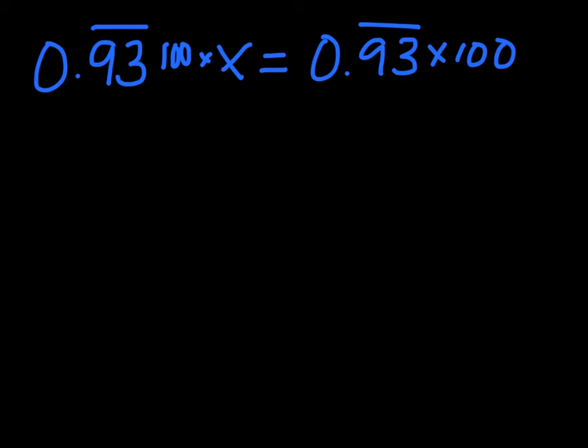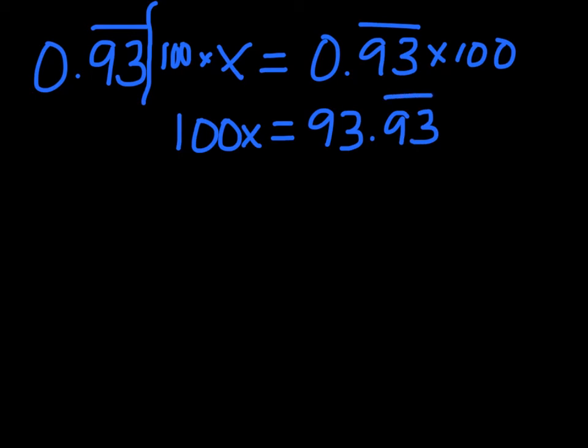Sorry, I should have given myself a little bit more room there. So we now have 100x equals 93.93 repeating, right? Because we know 0.93 repeating is 0.9393939393. So if we multiply by 100 and move our decimal place 2 places to the right, there's a 0.93 after that, and then on and on. So it becomes 93.93 repeating.